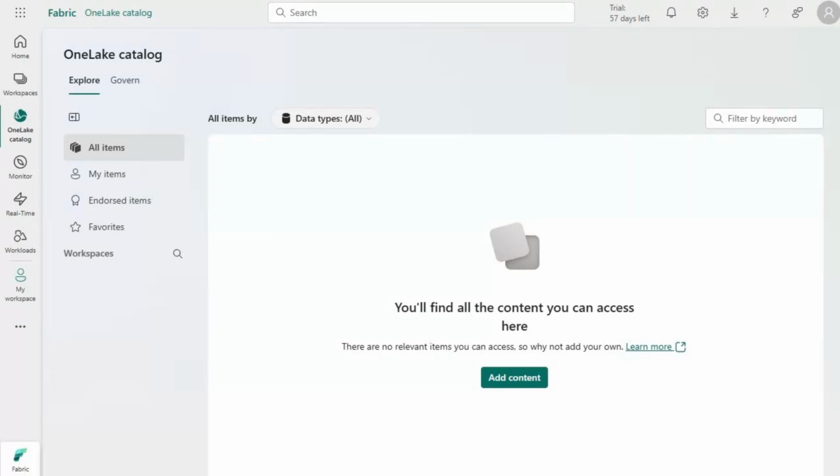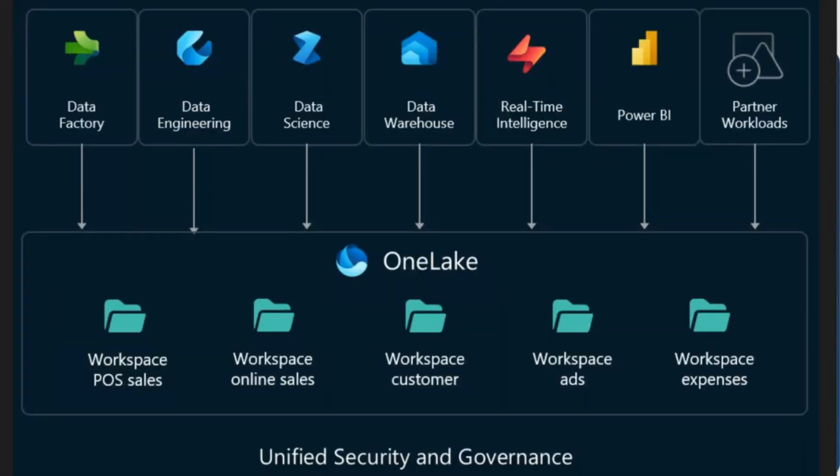Now let's discuss workspaces in OneLake. In OneLake, you store data in workspaces. These workspaces are like folders in OneDrive. They help different teams work independently but inside the same system.